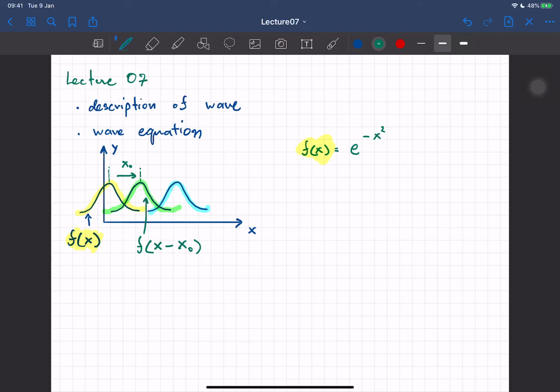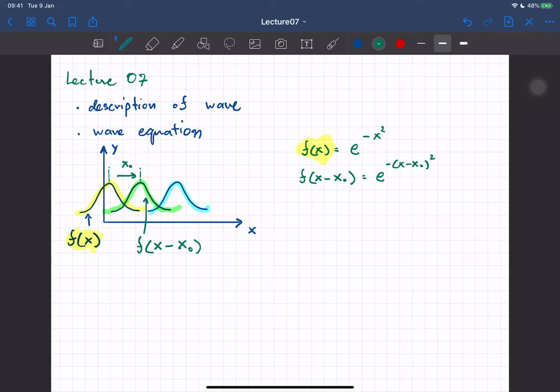The green one is f of x minus x0. That means everywhere you have x, you have to replace it by x minus x0. So if it's exponential, then it's going to be exponential of minus x minus x0, and then squared. So the shape of the function, how the function looks, is the same as before, except you replace x everywhere with x minus x0.